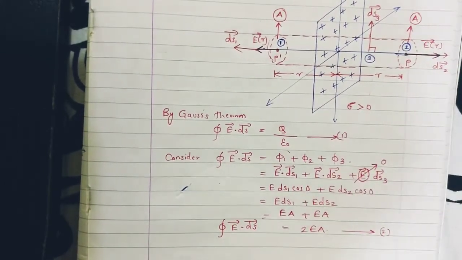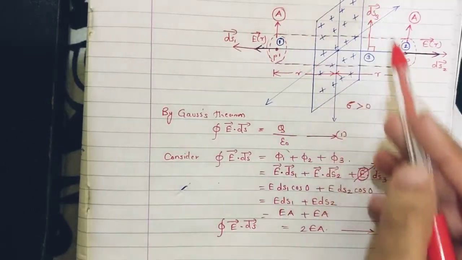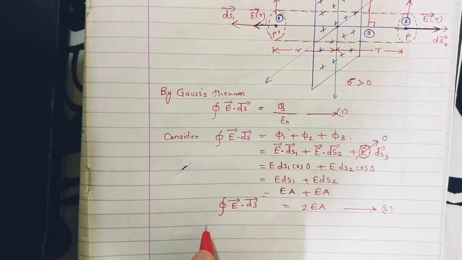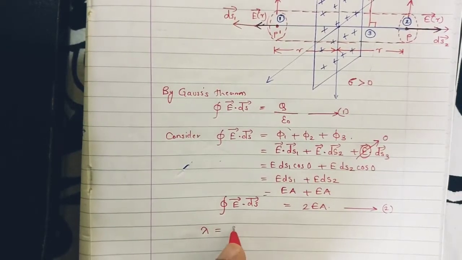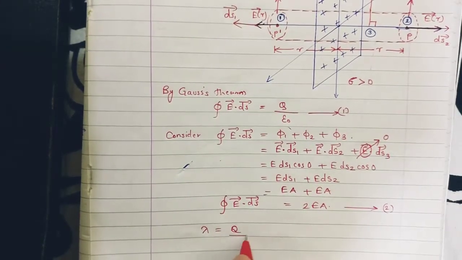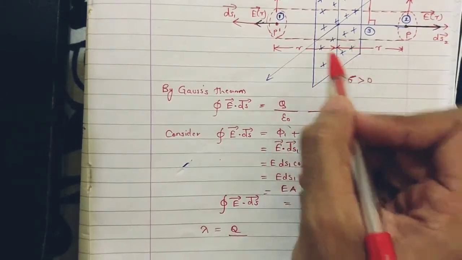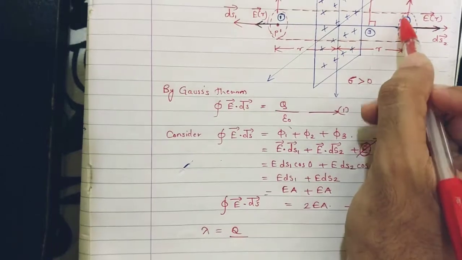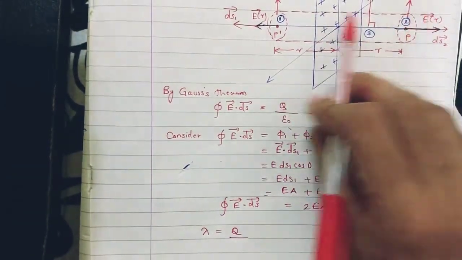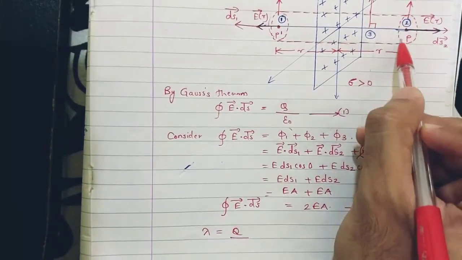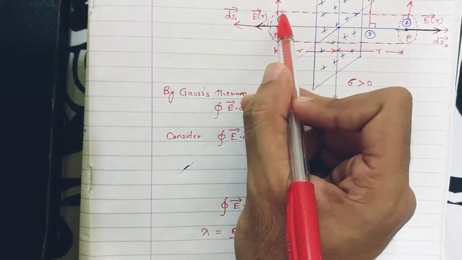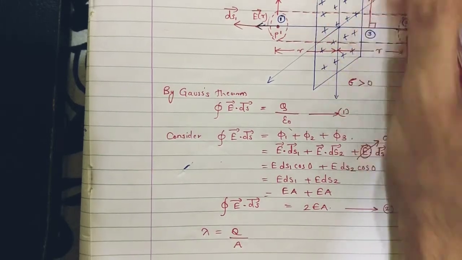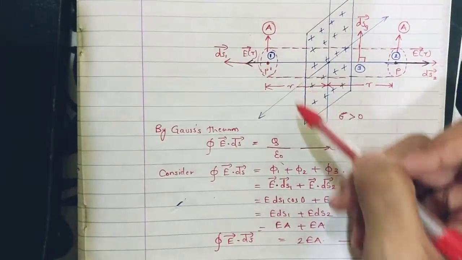Now we have considered that this is a uniformly charged infinite plane sheet. So the surface charge density, that is lambda, is given by the total charge enclosed divided by the surface area. So now here, which surface area will it be? The surface area from which the flux is coming out. The flux is coming out from this area and from this area, so the area is going to be A. It is not the area of the sheet.